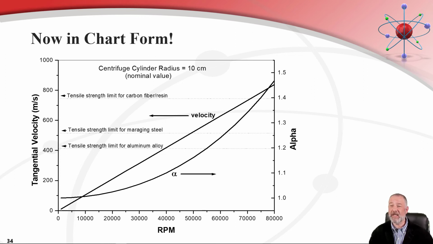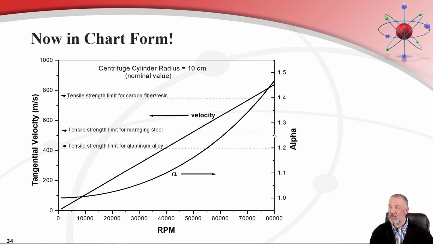What we can see is how we change our alpha value with not only our tangential velocity, which is a very important number, but with RPM, because the tangential velocity may not be something that you readily have an image of in your mind, but almost everybody understands what RPM means, or revolutions per minute. So let's go ahead and take a look at alpha with RPM.